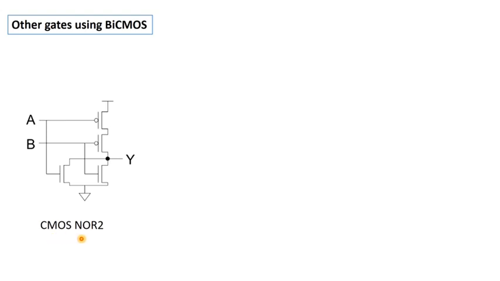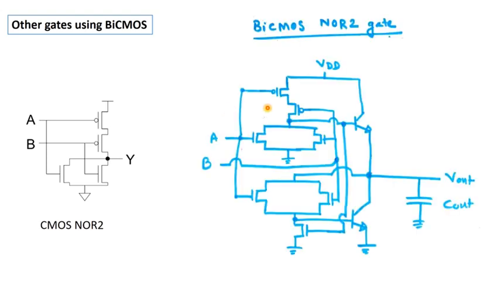So probably now you can also think of implementing this NOR 2 gate, whose CMOS representation is shown here. Can you think of how its BiCMOS equivalent will look like? Yes, you are right. It will look like this. See here, try to compare this CMOS and its BiCMOS counterpart.